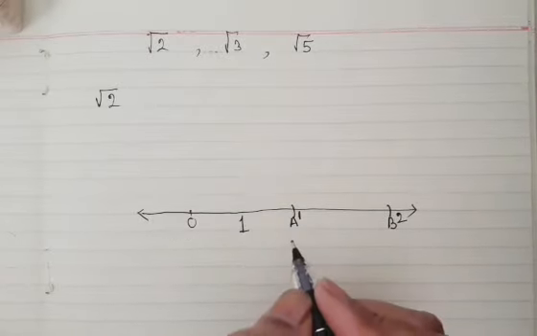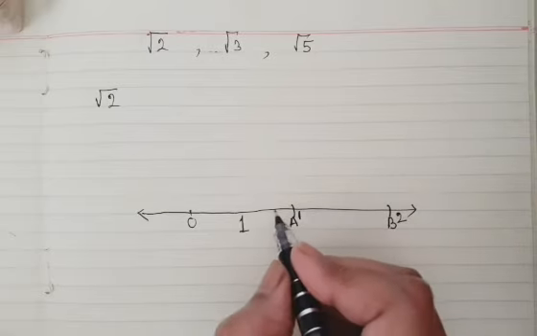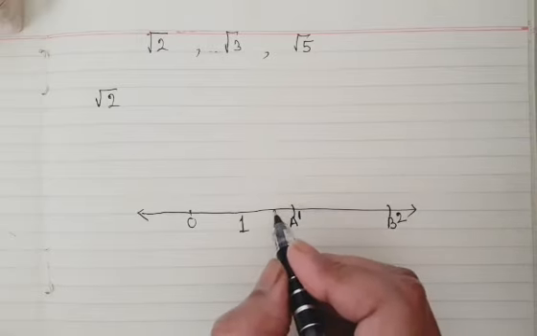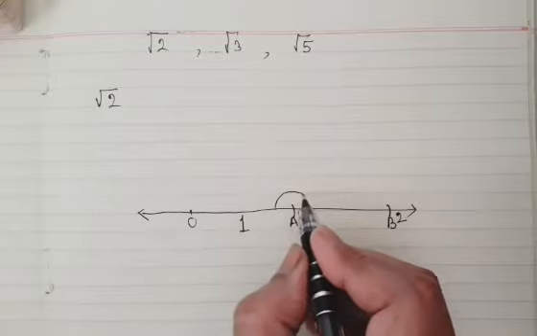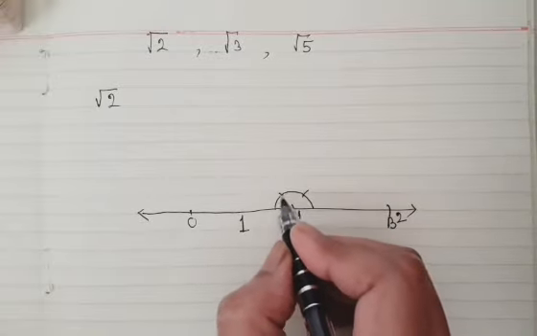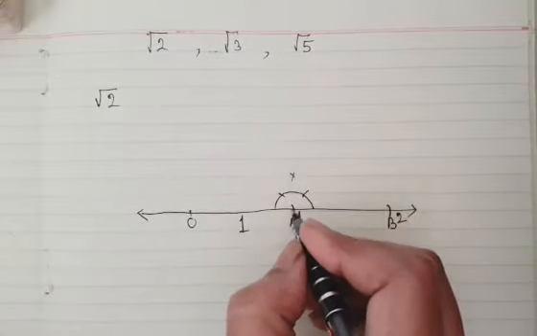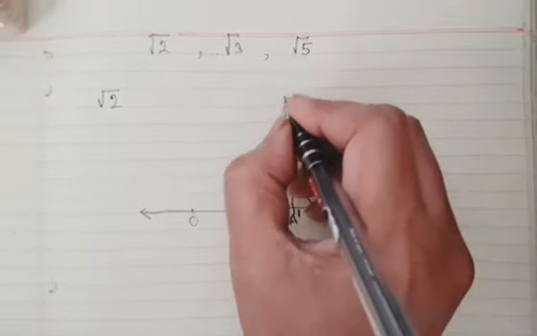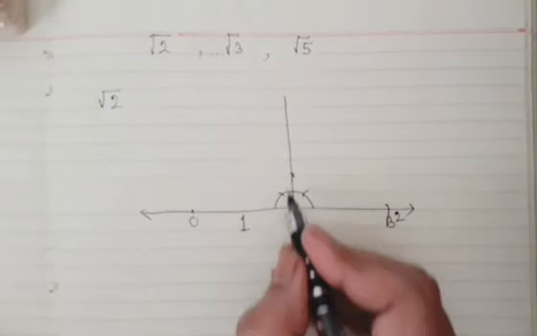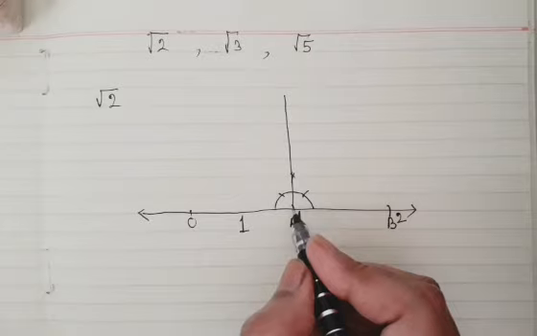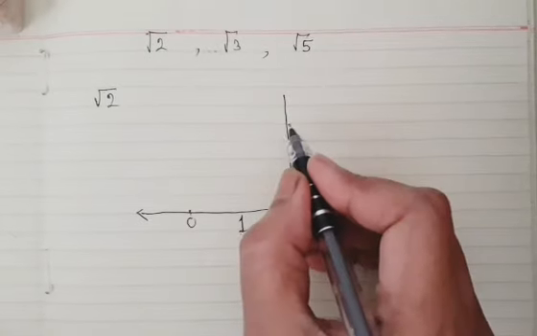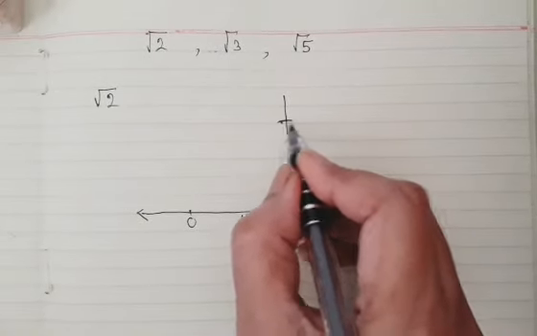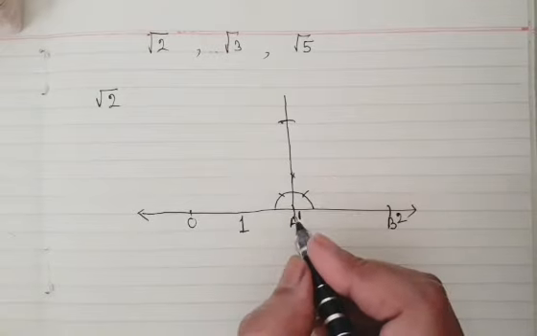Next, the second step: construct 90 degrees at point A, with the help of a compass. Now from this perpendicular you cut an arc of, again, 1 unit length. How to do that?